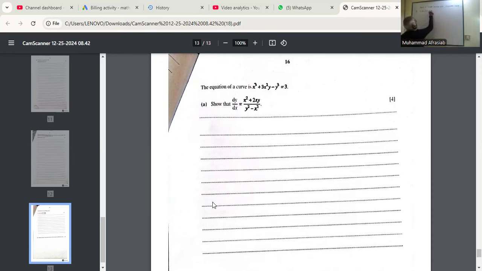You have to show that dy by dx is equal to x square plus 2xy divided by y square minus x square.